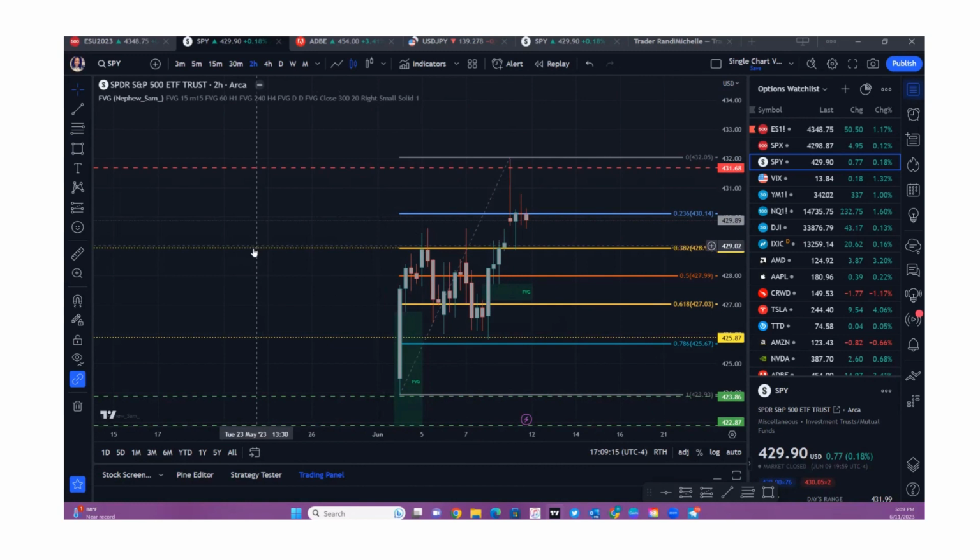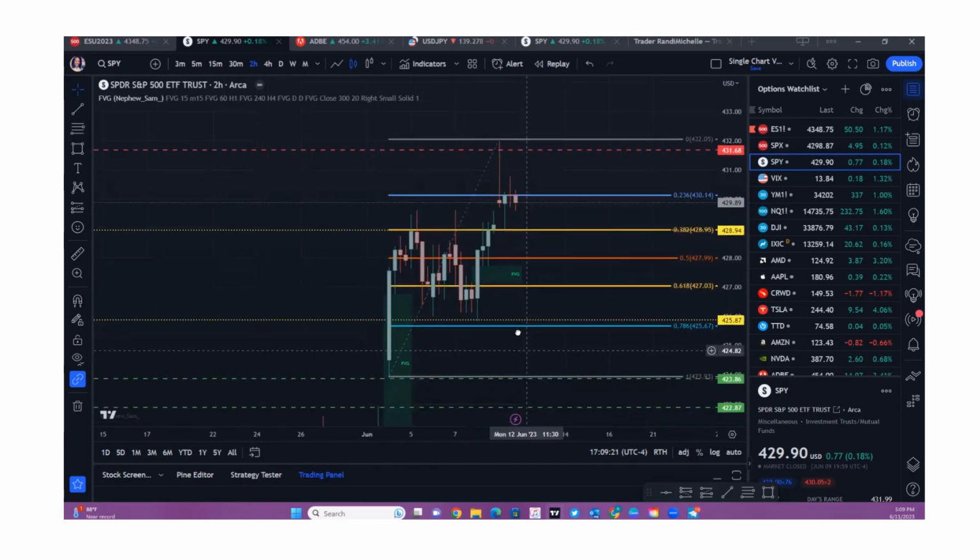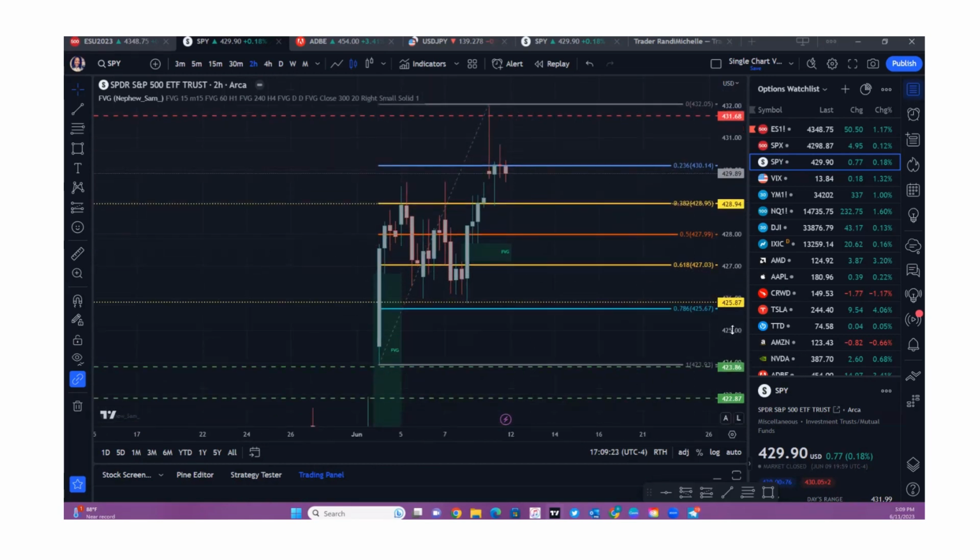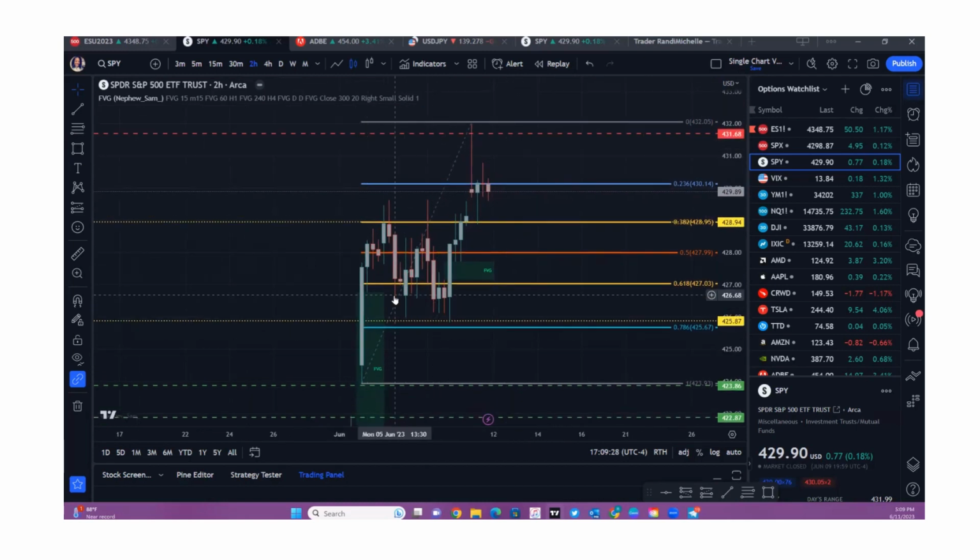Look how my dotted yellow line lines up right with the 38 Fibonacci. That's the reason I didn't want to delete my lines yet, because a lot of times, if you draw your support and resistance right, Fibonacci should line up with most of it.